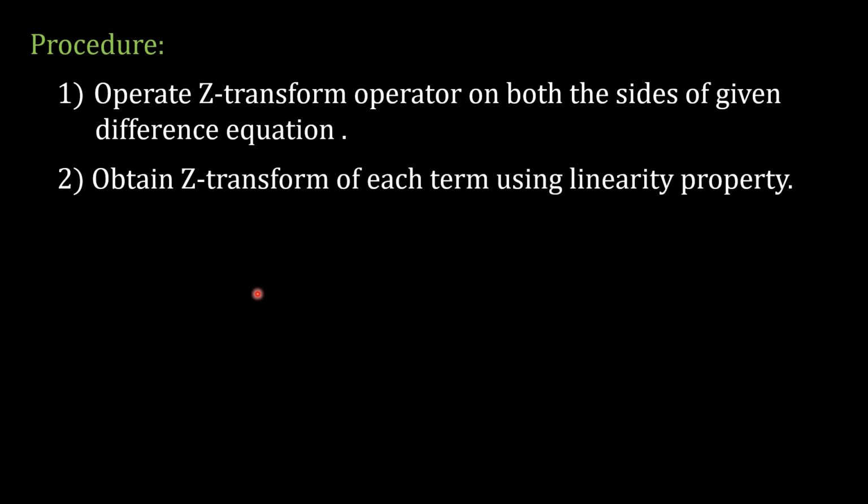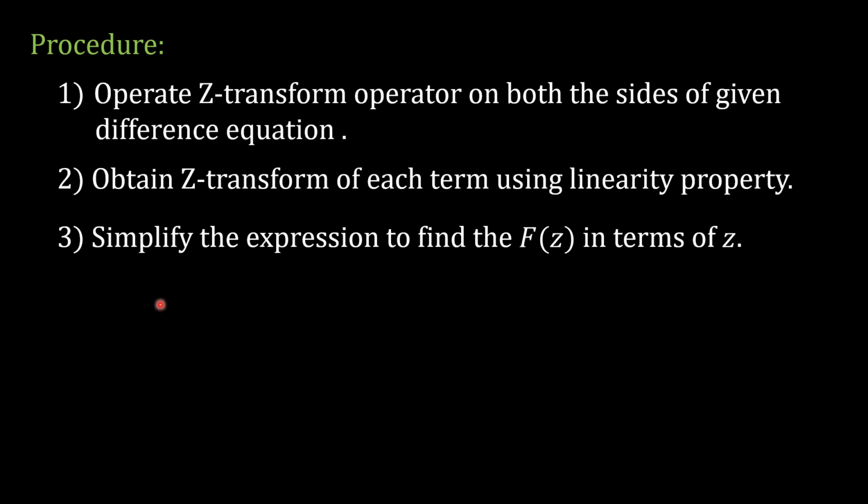In the second step, we obtain the Z transform of each term on both sides using the linearity property. Then in the third step, we simplify that expression and obtain f of z in terms of z, that is the Z transform for the given difference equation.